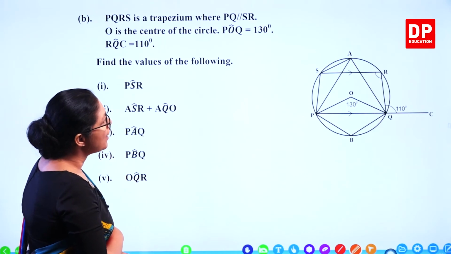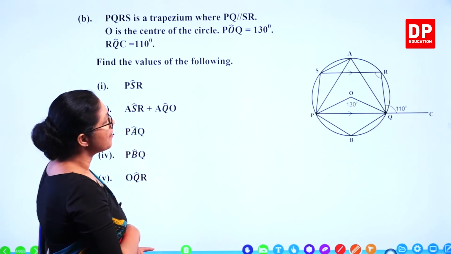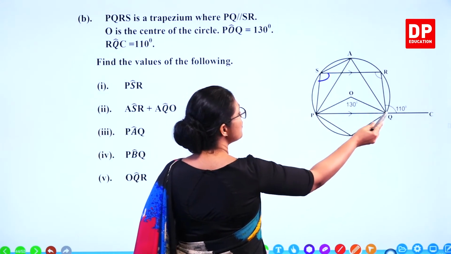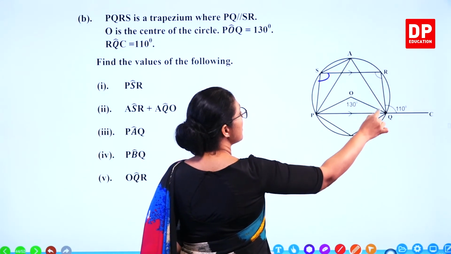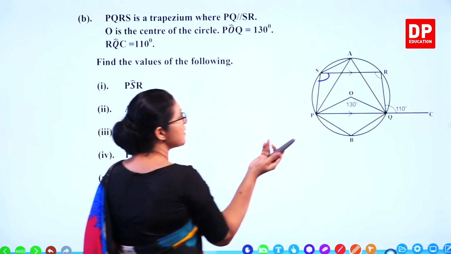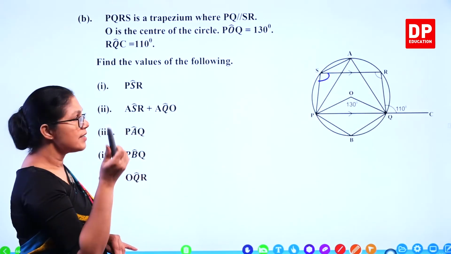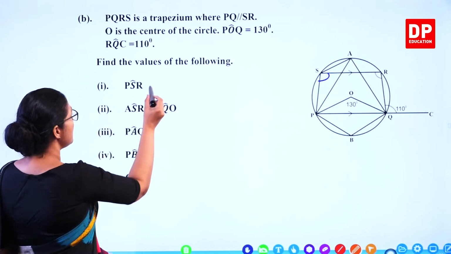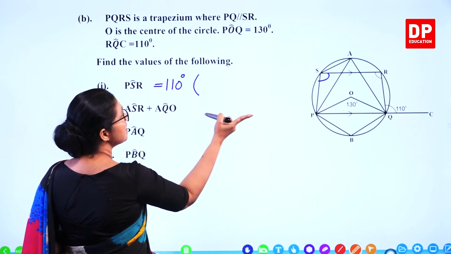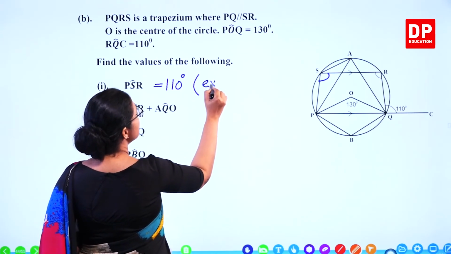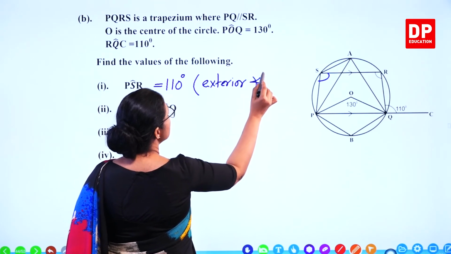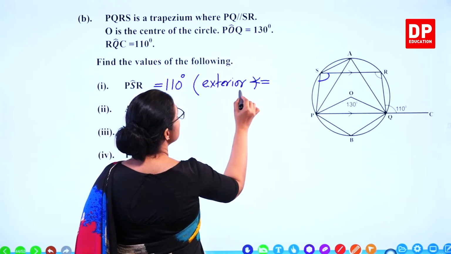So you need to find out PSR. This angle. What can you say? This is a cyclic quadrilateral. This is 110. So opposite angles also 110. So straight away you can write 110 and write down the reason. Exterior angle is the same as the opposite interior angle.